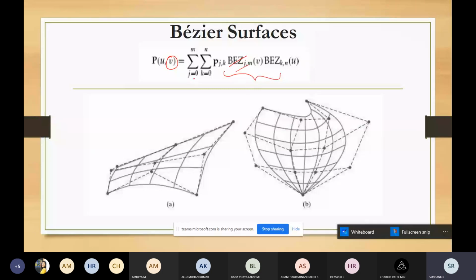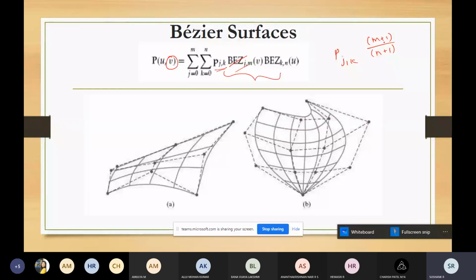Here P of jk gives me the location of the m plus 1 by n plus 1 control points.